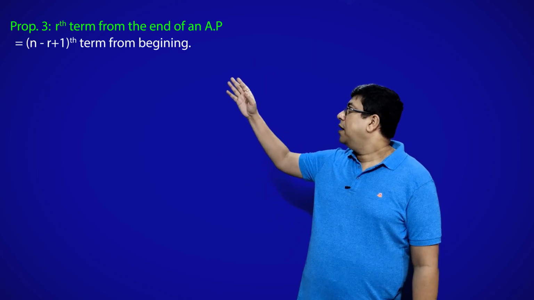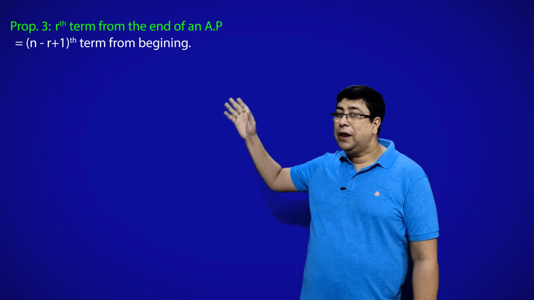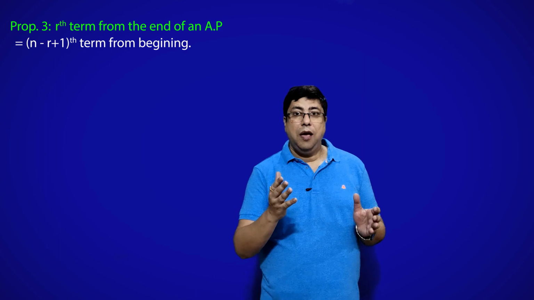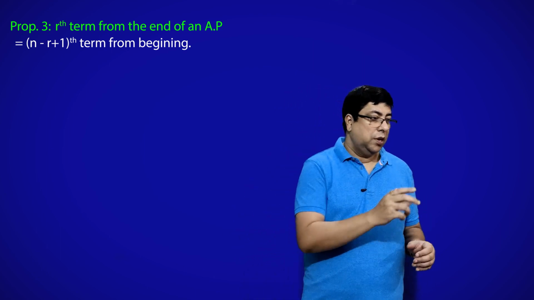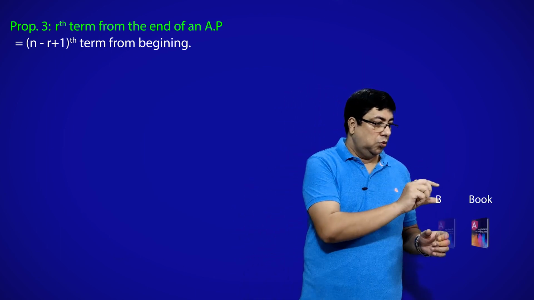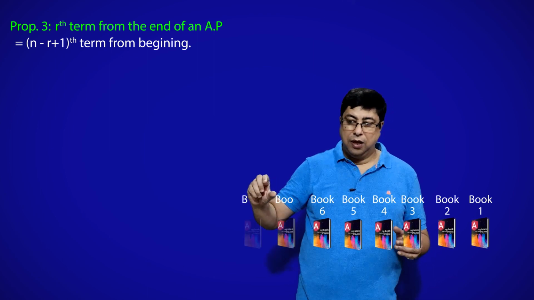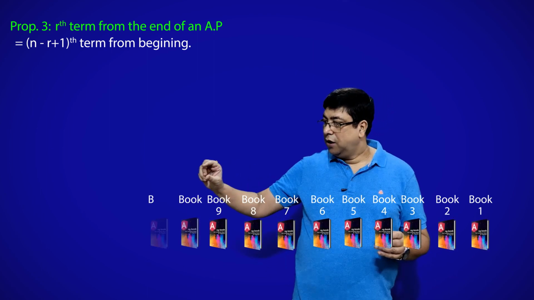Now students, I will discuss the next property: the rth term from the end equals the (n minus r plus 1)th term from the beginning. Everyone, this is a very important property. Suppose we have 12 books, numbered 1, 2, 3, 4, 5, 6, 7, 8, 9, 10, 11, 12.